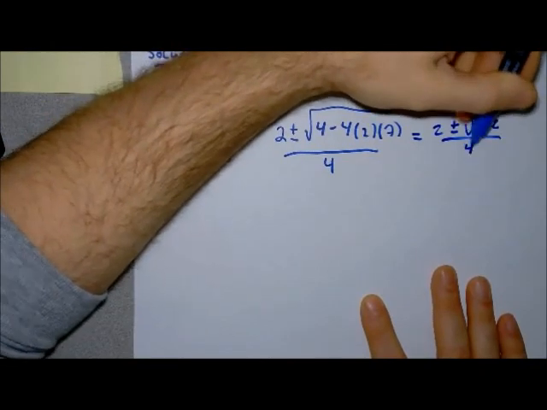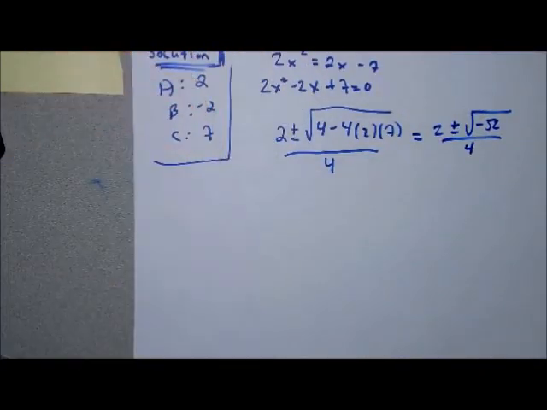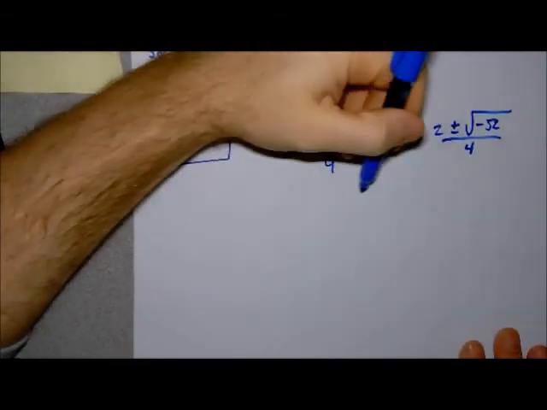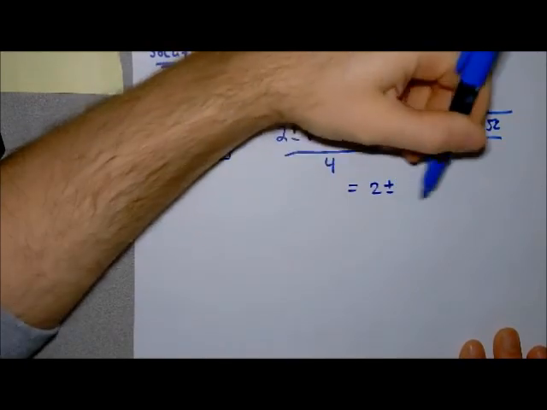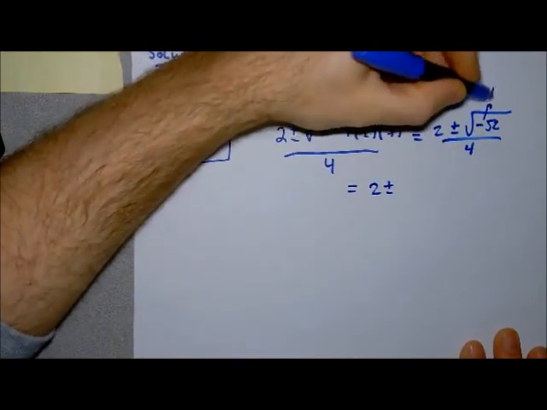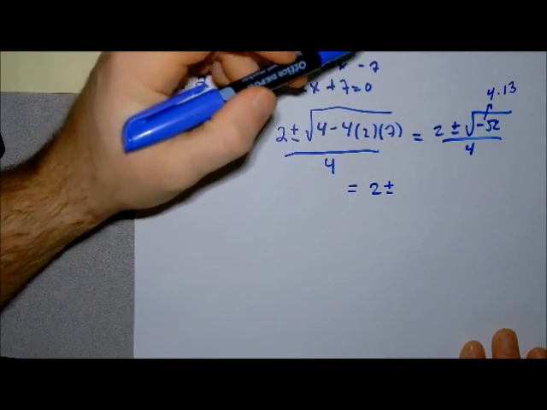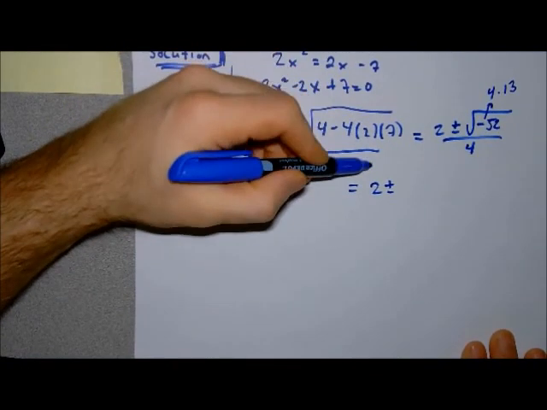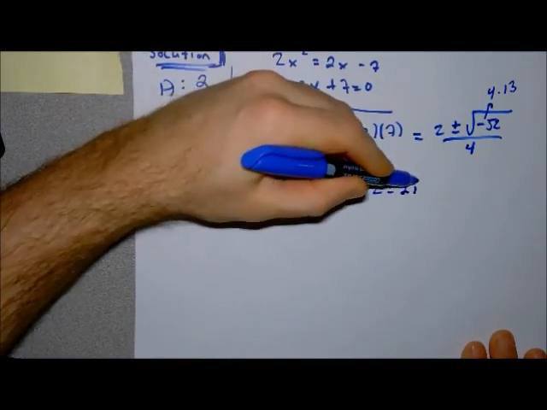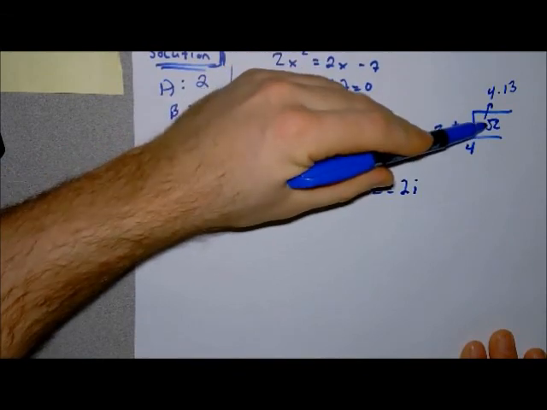-52. You then want to look at your list of perfect squares: 1, 4, 9, 16, 25, and see if any of them go into 52. The one that does is 4, and 4 goes into 52 13 times. So this is 2 plus or minus, if we made this 4 times 13, the 4 comes out as a 2, but more specifically 2i because of the negative underneath the root.